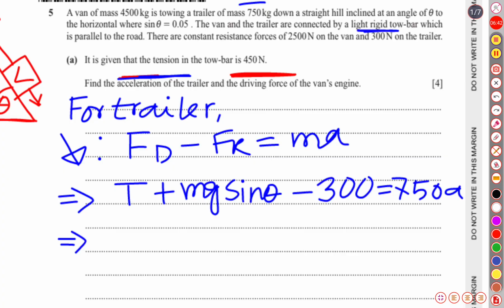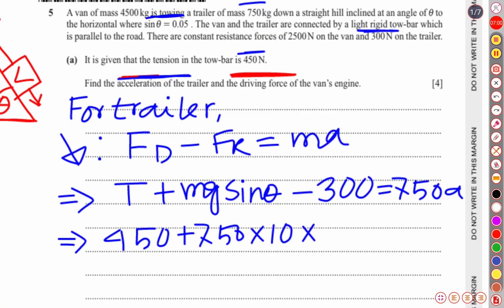On the left side, what is it going to be? Tension is given. The tension in the tow bar is 450, so we will write 450. The mass of the trailer is 750 kg, so 750 into acceleration due to gravity 10, into sine theta, which is 0.05, minus 300 equals 750 into acceleration.